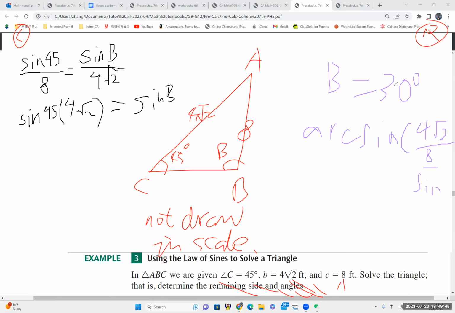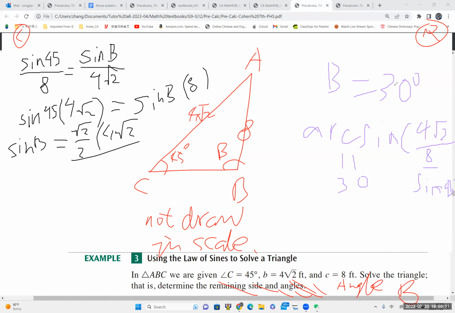Determine angle B. Round angle B to a whole degree.